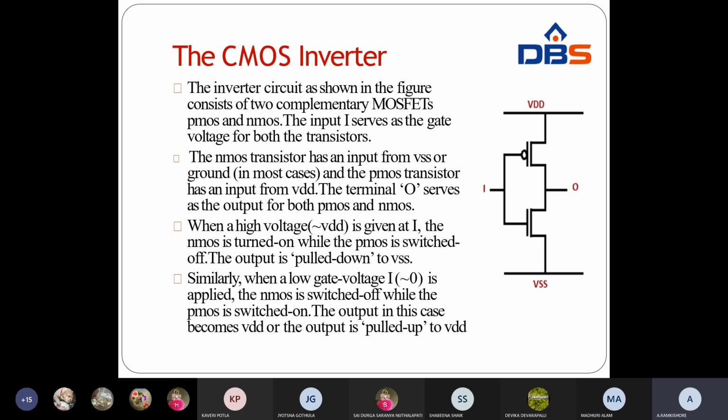When we apply VDD to both transistors, for the PMOS transistor VGS is greater than or equal to 0, so it doesn't cross the threshold voltage.